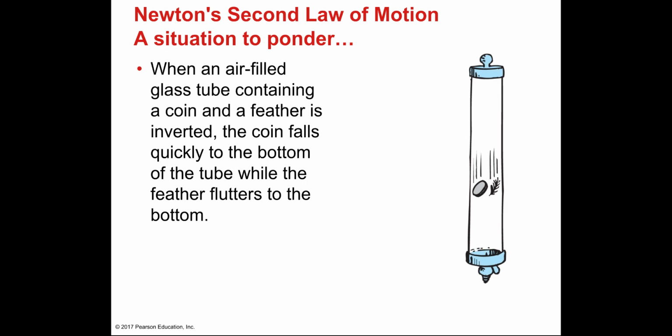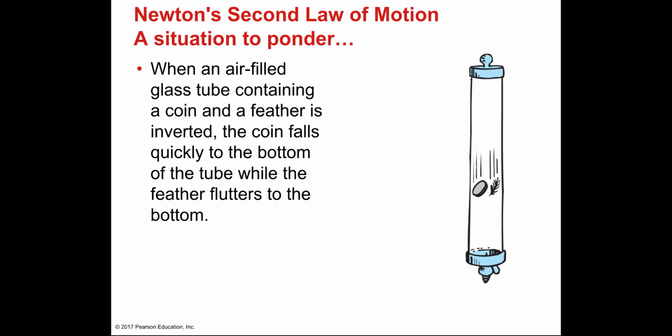When an air-filled glass tube containing a coin and a feather is inverted, the coin falls quickly to the bottom of the tube while the feather flutters to the bottom. A situation to ponder. Think about it. In this case, the only force acting on those objects is not gravity because there is air inside.